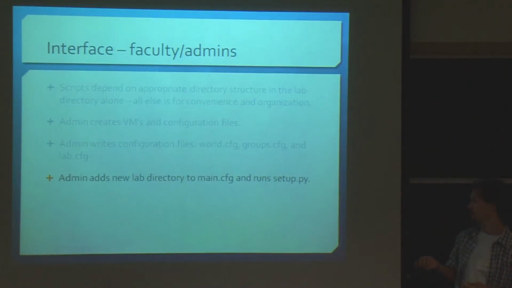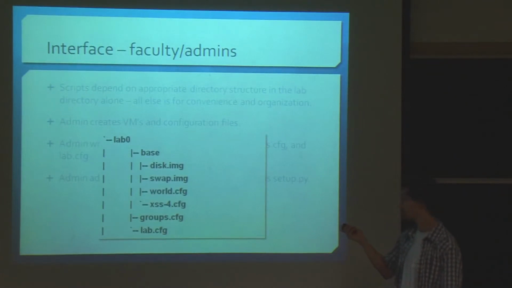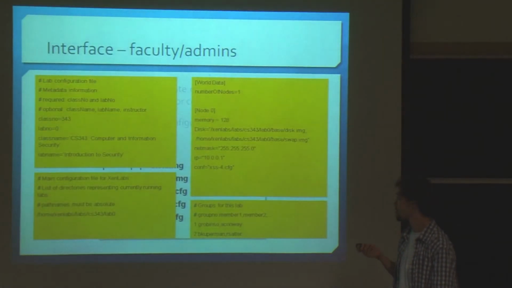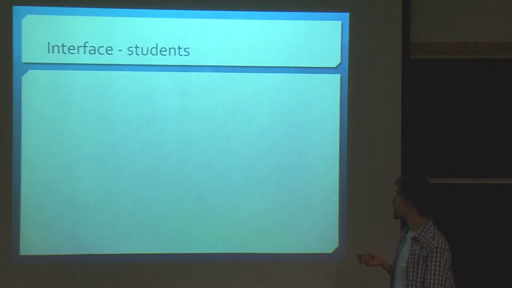And then just add that directory to the config and run setup, which will create all of your directories and all the links for all the students to access. So you just create a couple of files, put them wherever you want, and put in a pathname and it does the rest. So that's all the text you would need to create. Admittedly, a very simple world, but it's all very copy and paste after this.